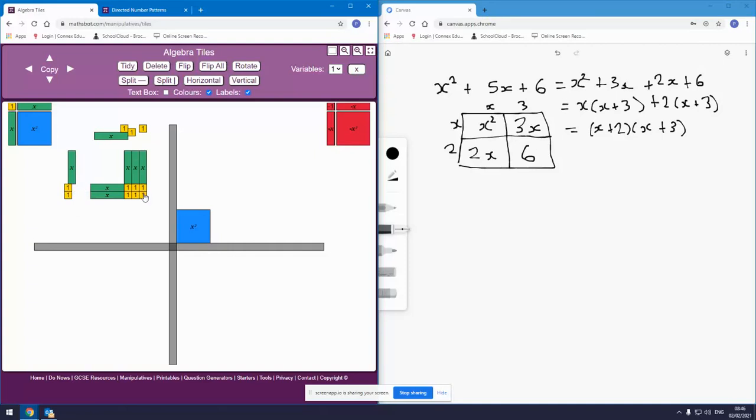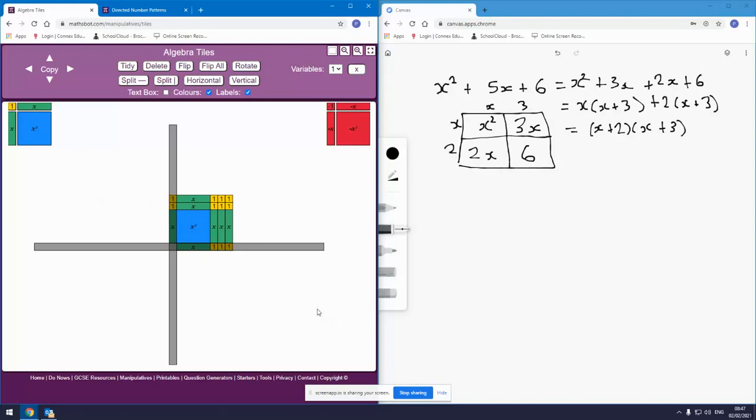And again, we're going to have a very similar sort of idea where I'm going to set my 6 up, and it's got to be set up corner to corner with my x squared, and then my x's will fill this space, and that will give me my x plus 3 along my horizontal axis and my x plus 2 along my vertical axis.